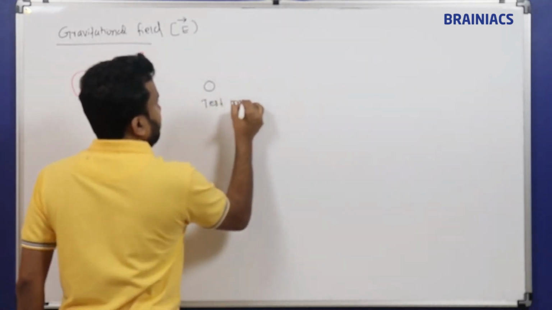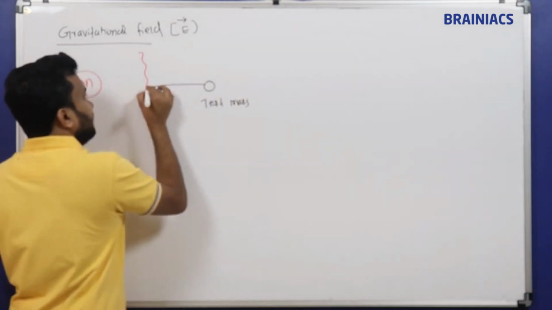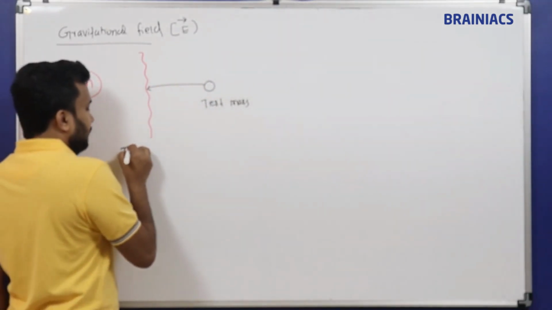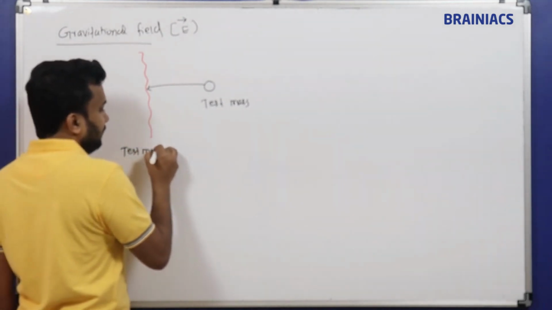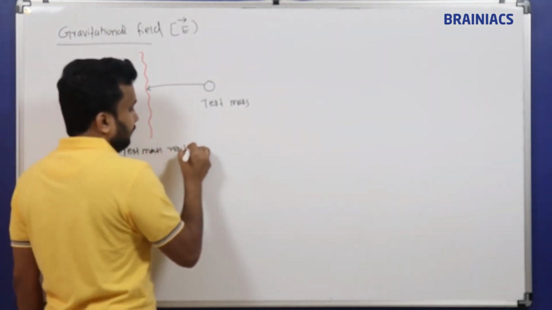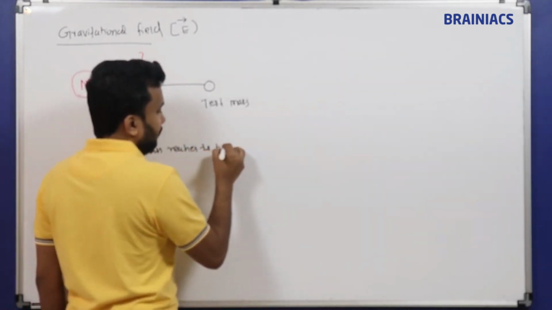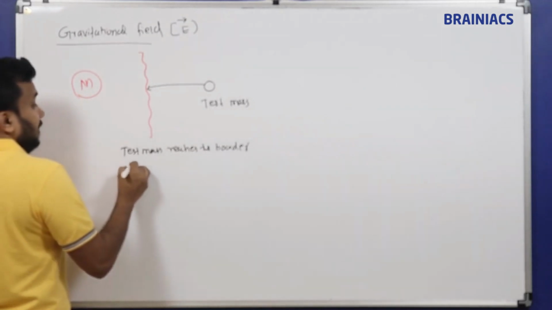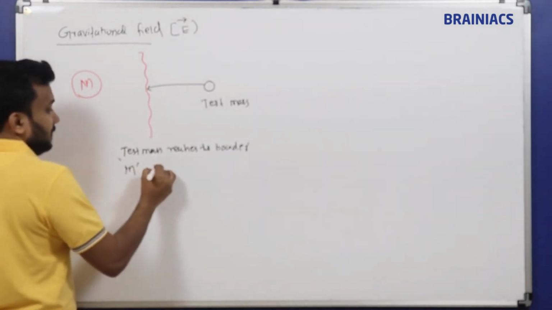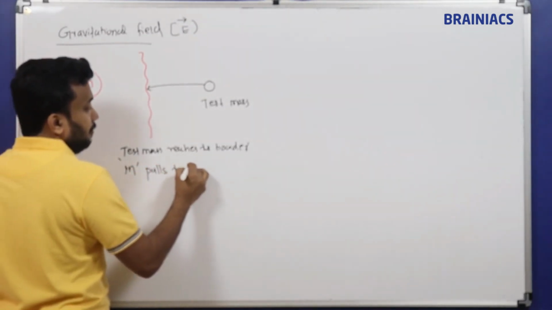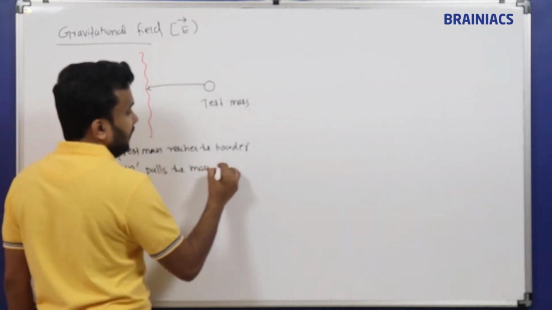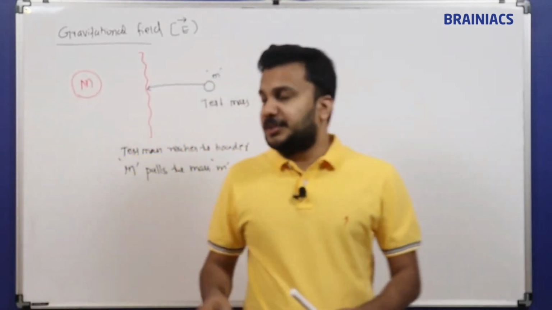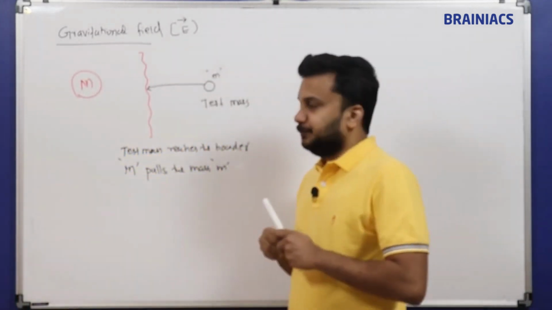So if the test mass reaches the border, what will happen? Capital M pulls the mass m, the small letter m, attracting. Which means this is a border line, right?